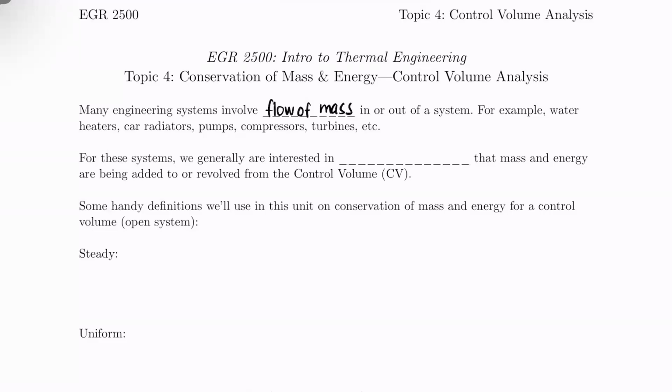And for these systems, we're generally interested in the rate that mass and energy are being added to or removed from the control volume. And just as a reminder, a control volume is an open system, of course, because we're talking about mass coming in or going out.